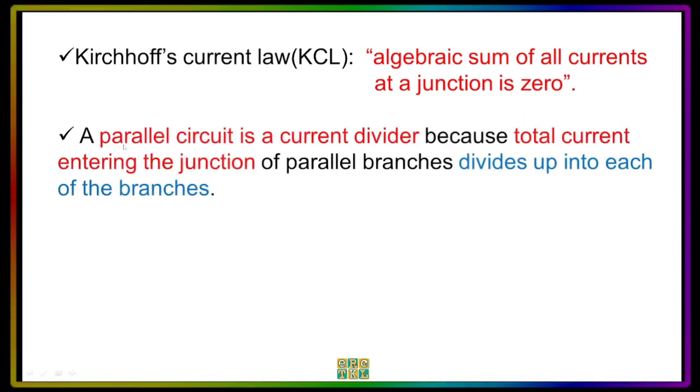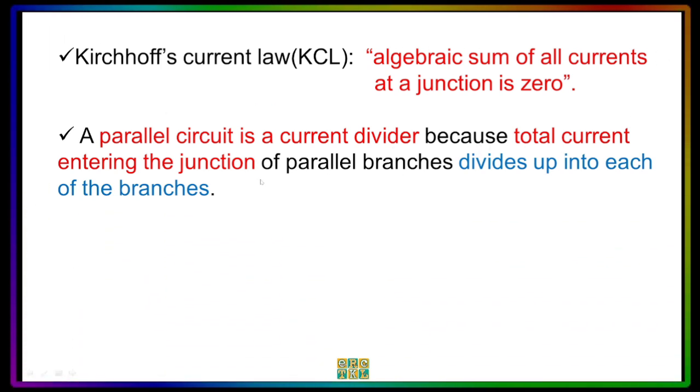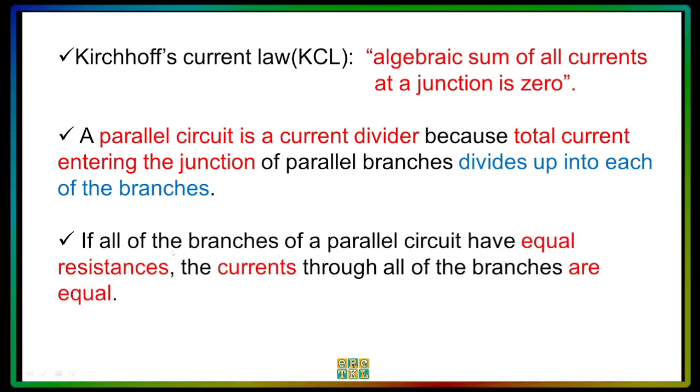We can say that a parallel circuit is a current divider because the total current entering the junction of the parallel branches will be divided into each of the branches. So if all of the branches of a parallel circuit have equal resistances, the currents through all of the branches will also be equal.